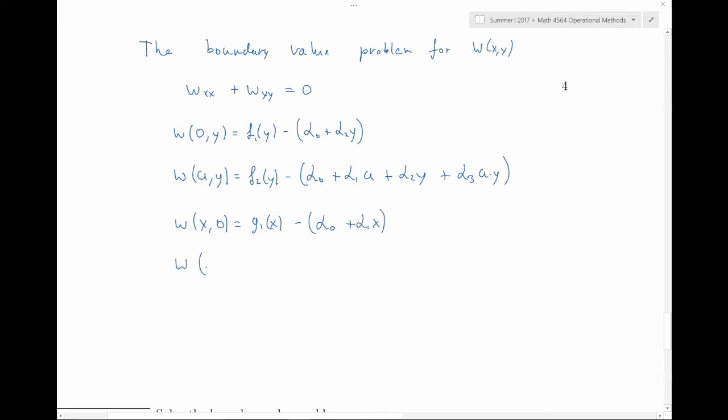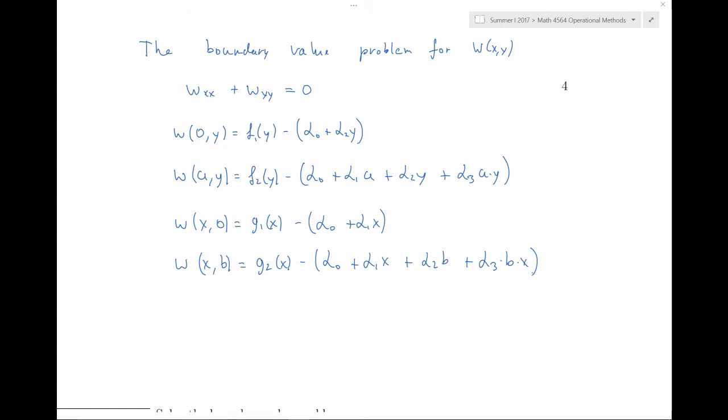And W at x b will be g2 of x minus alpha naught plus alpha 1x plus alpha 2b plus alpha 3 times b times x.